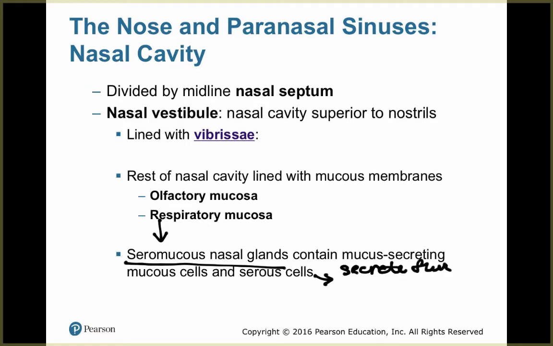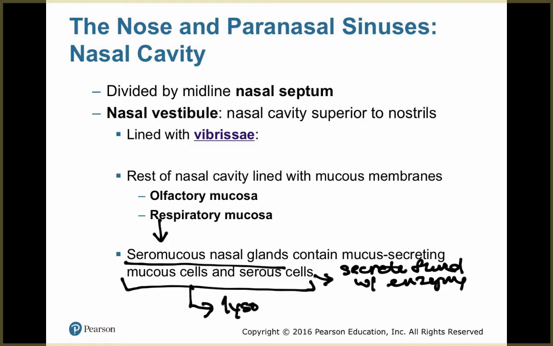Fluid with enzymes. And for both of these, mucus and serous secretions, it doesn't matter where they come from, the enzymes you're going to find there are basically lysozyme and defensin. And those are going to help break down proteins or anything that we essentially want to get rid of.